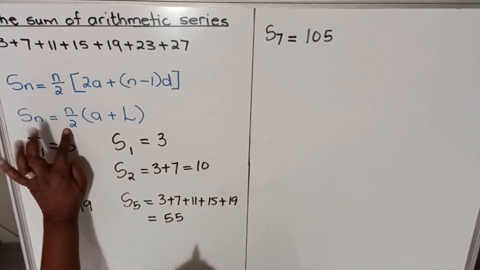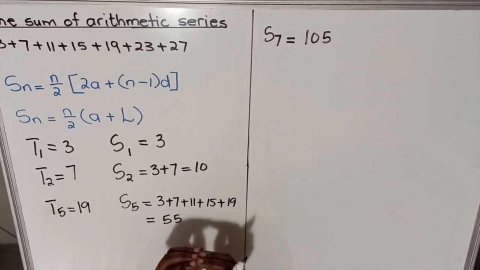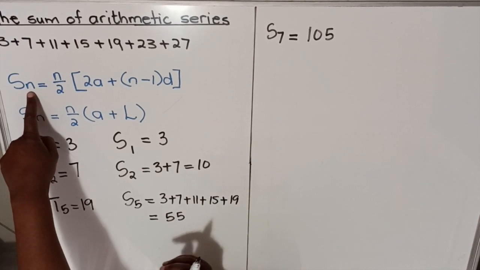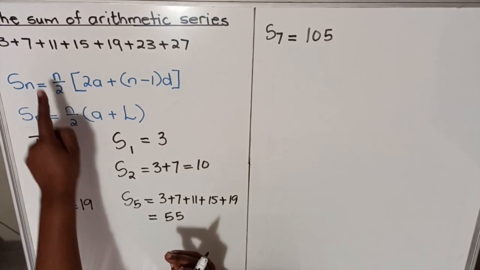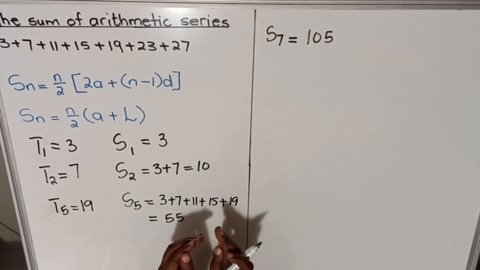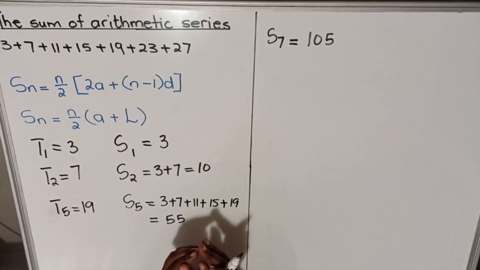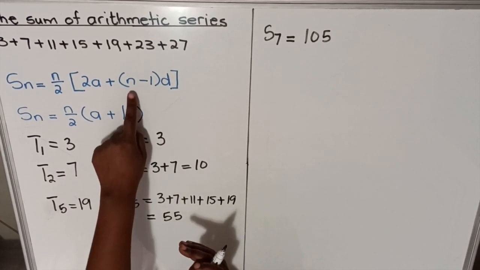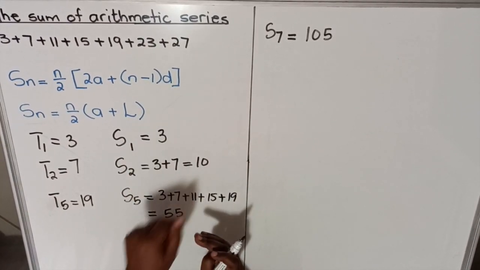There are 2 formulas. This formula, you get it in your formula sheet. You don't have to memorize it. Sn is the sum of n terms. The formula says n over 2 into 2a plus n minus 1 d. n is the number of terms, a is the first term, it's always the first term, and d is the common difference.